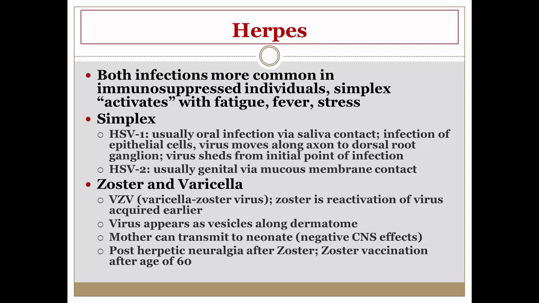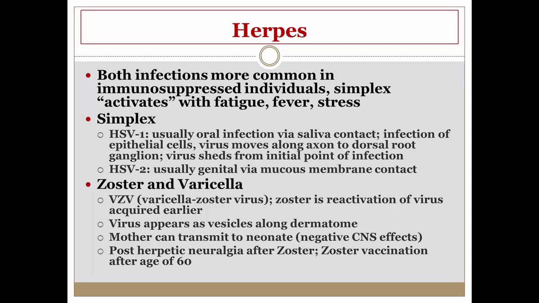And then what's important is the virus sheds from the initial point of infection. Because this is generally oral, although it can progress down into the throat, it's going to shed from the mouth. If you have a fever blister, you're going to shed from the fever blister.